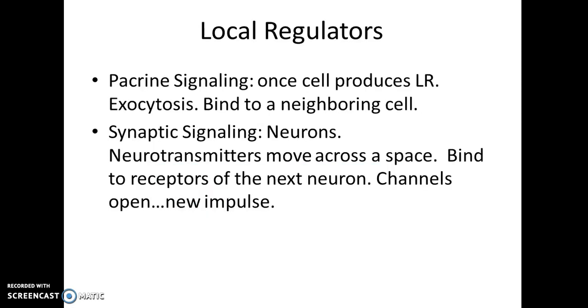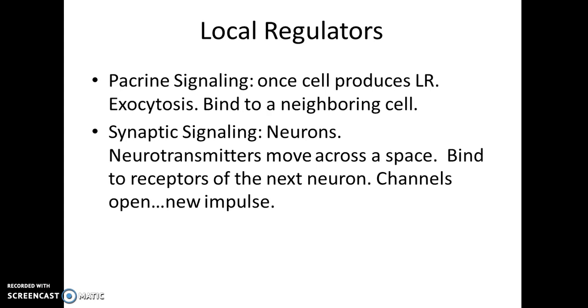So we have paracrine signaling, which is when one cell produces a local regulator. It leaves the cell by exocytosis and will bind to a receptor of a neighboring cell. Synaptic signaling only occurs in neurons, in which neurotransmitters move across the space.